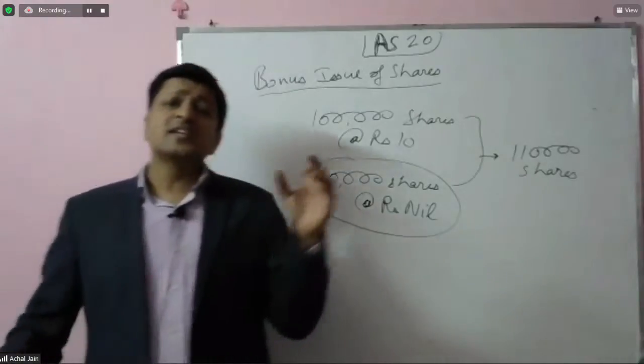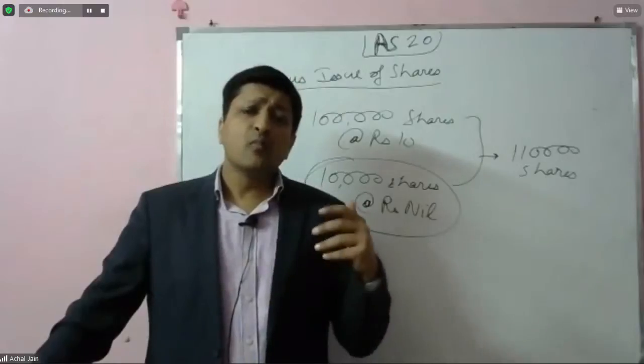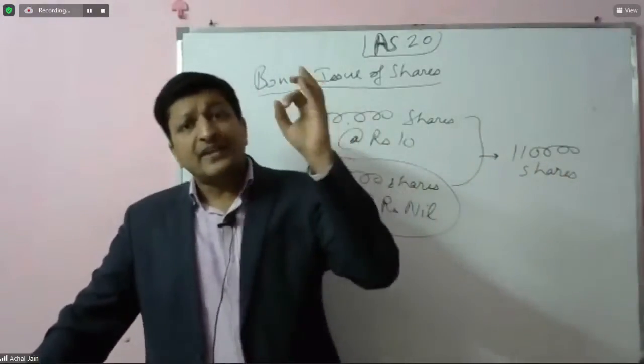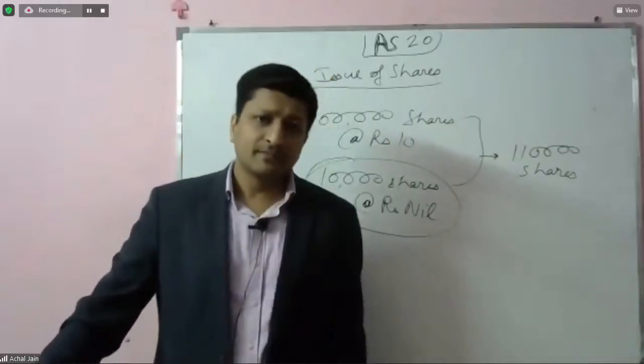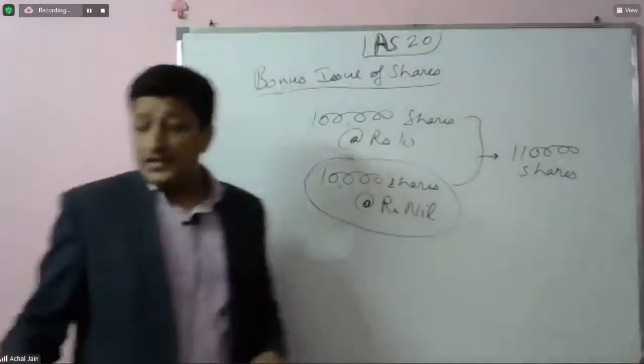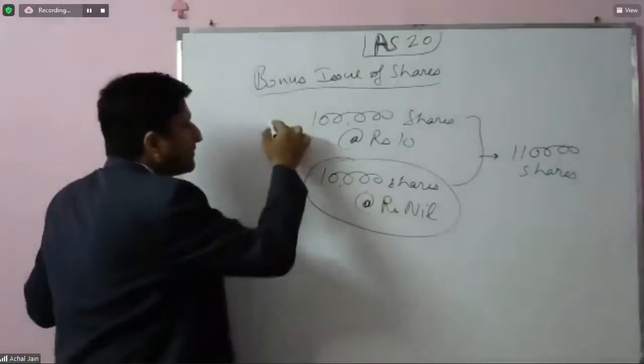Now, because the bonus shares have moved out of the reserves of the company, whenever a bonus issue is made, we will consider it from the date when the shares were in existence against which bonus shares have been given.